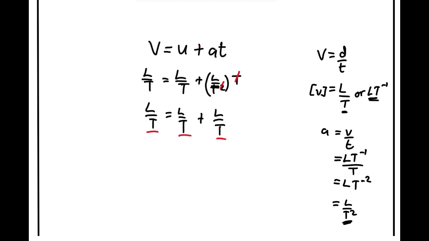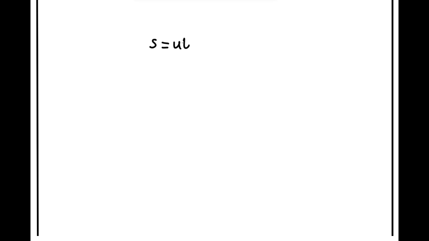Let's use this law to verify another equation. The equation we're going to use is S equals ut plus half at squared. The dimensions of S is length, so that's simply L. The dimensions of velocity was L over t, and the dimensions of time were t.